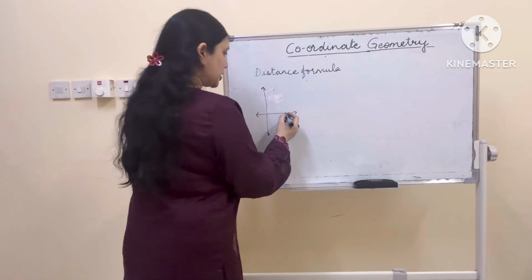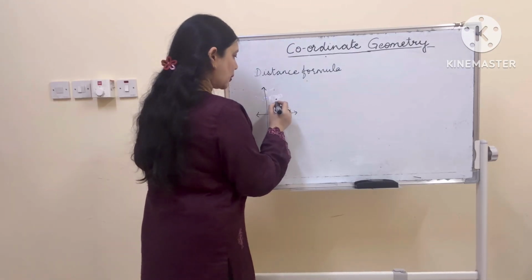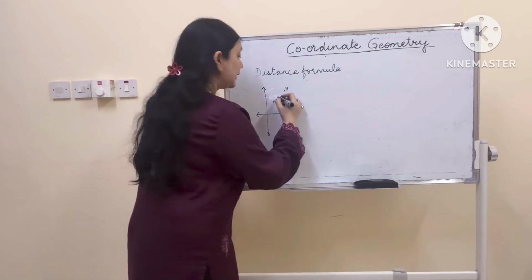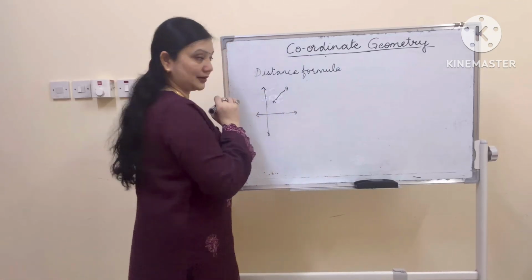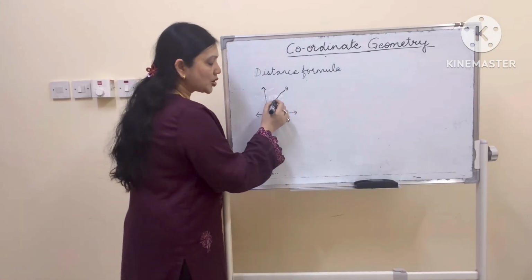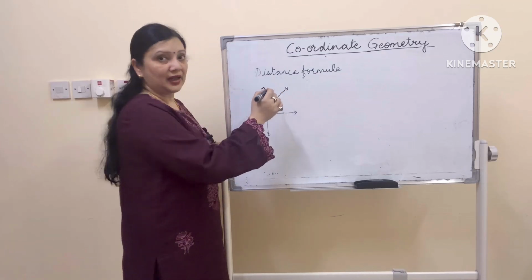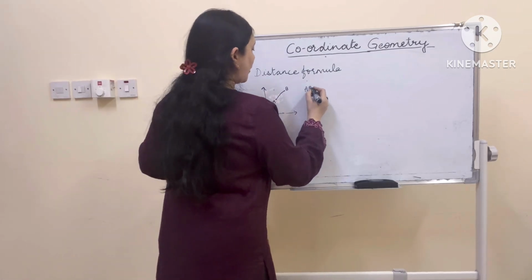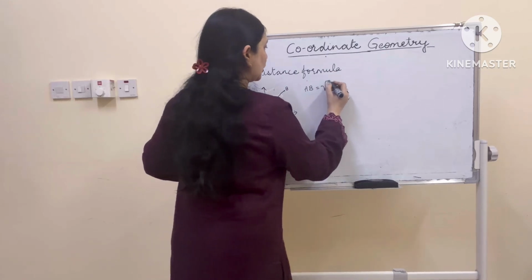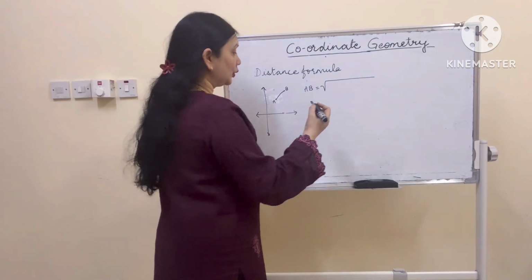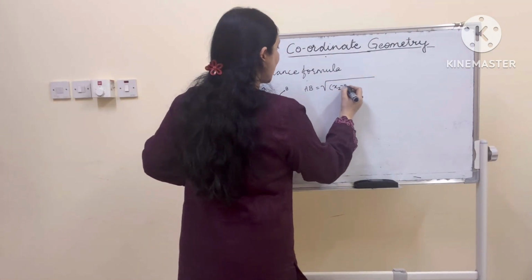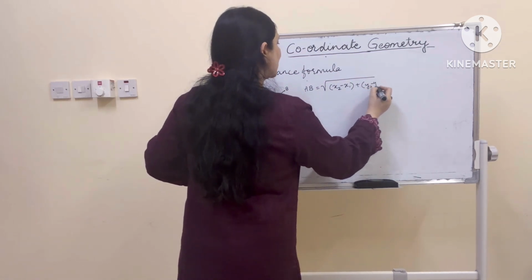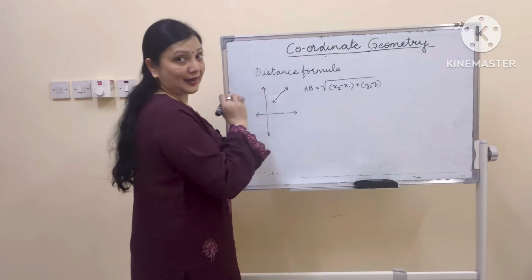Suppose on a Cartesian plane there are 2 points. This is point A and this is point B, and we have to find the distance between these 2 points. So the distance between A and B will be found by the distance formula. Here the formula says AB, the distance, is equal to under root x2 minus x1 plus y2 minus y1. Now what is x2 and x1?